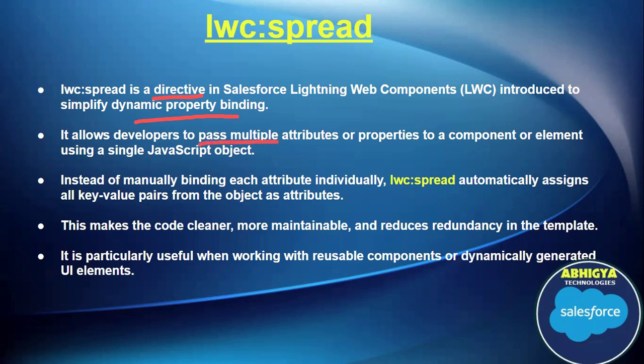We can pass multiple attribute values or properties information to another component, from parent to child component, using a JavaScript object or JSON object. Instead of manually binding each attribute individually from parent to child, we can use the spread operator.